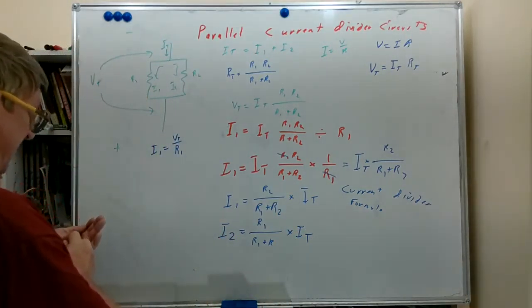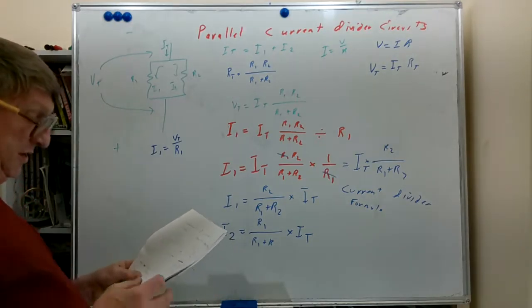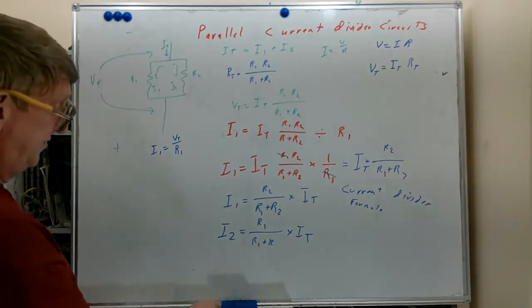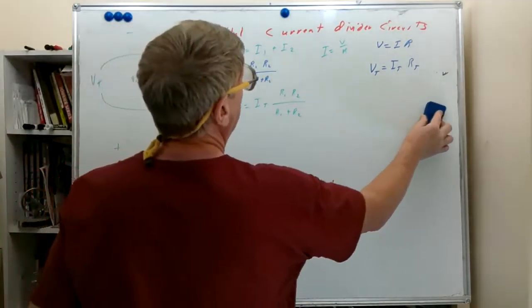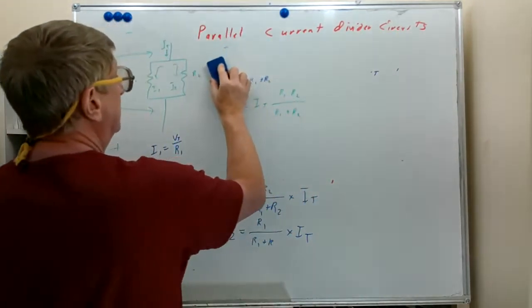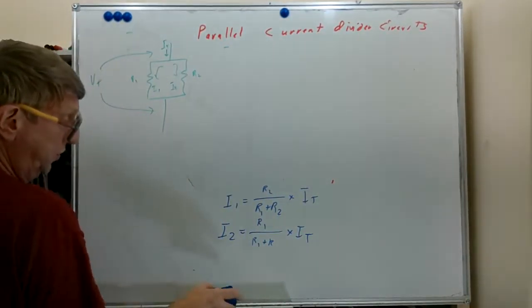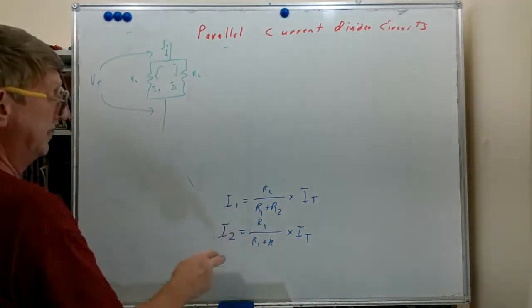Now I'm going to erase some of this, and we're going to do some work with a few of these. We derived two current divider formulas, which I'm just going to leave right down here.